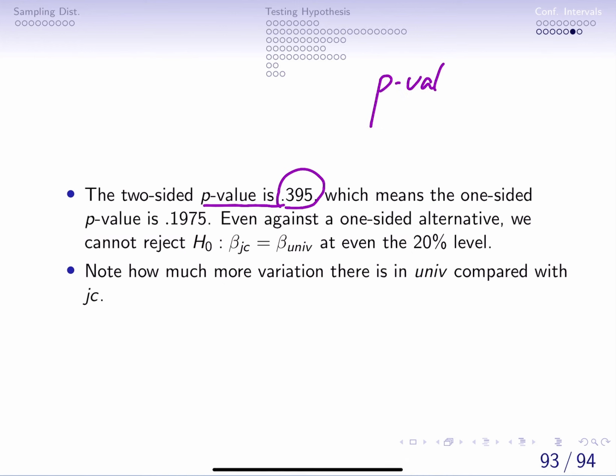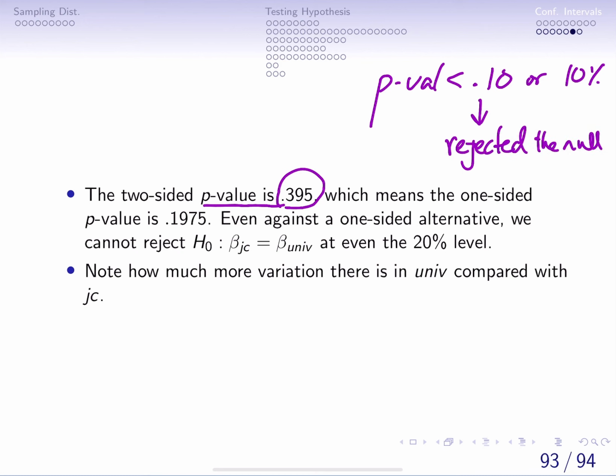Depending on the level of the test, if the p-value was less than 0.1, or less than 10%, then we would have rejected the null. But if the p-value is greater than 10% or 0.1, then we fail to reject the null.